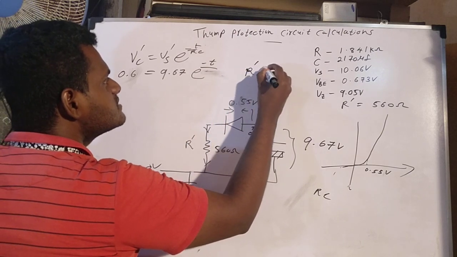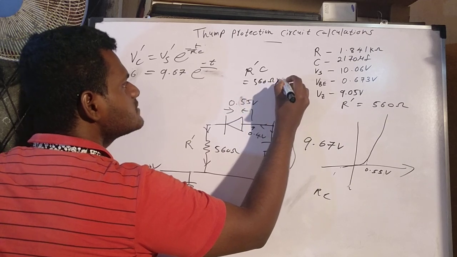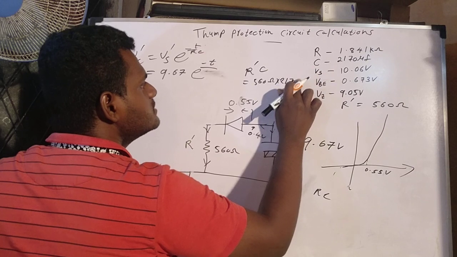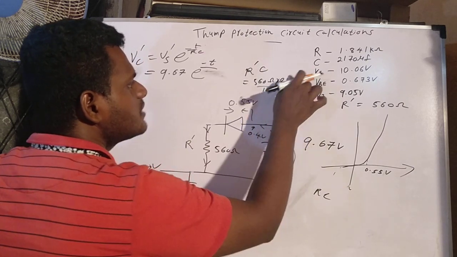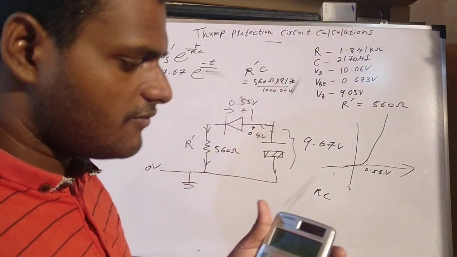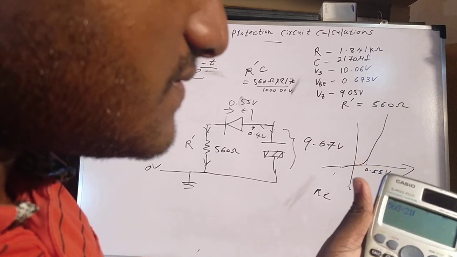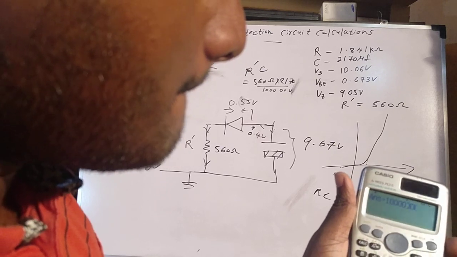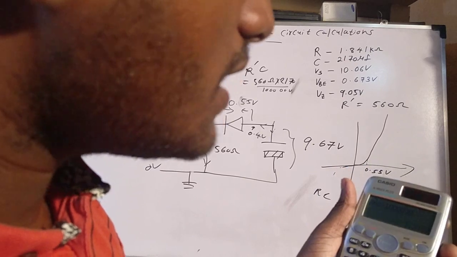So here I take 560 ohms as R dash. R dash C we can calculate as 560 ohms times 2170 microfarad, which means multiplying by 10 to the minus 6. Then we can find that value: 560 times 2170 equals 1, and then multiplying by that value, the result is 1.2152.